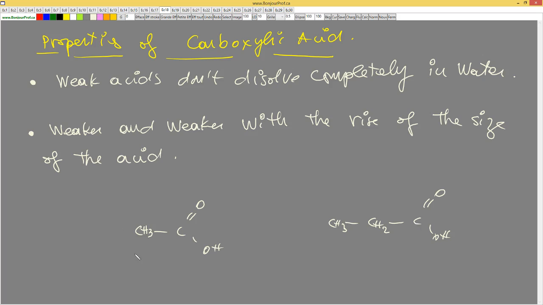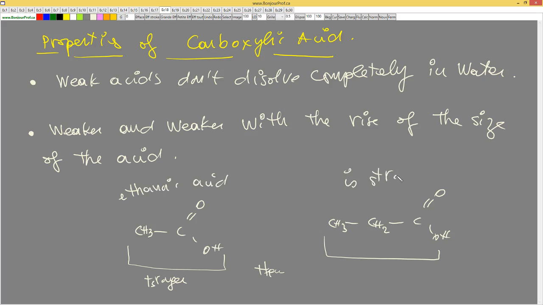So this one is weaker than this one, and ethanoic acid is stronger than propanoic acid, but they are all weak. They don't dissolve completely.